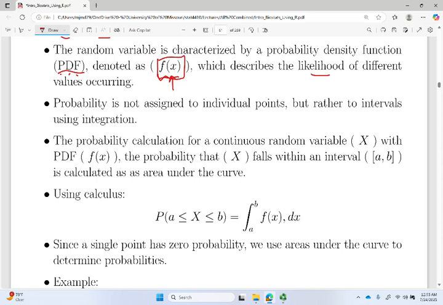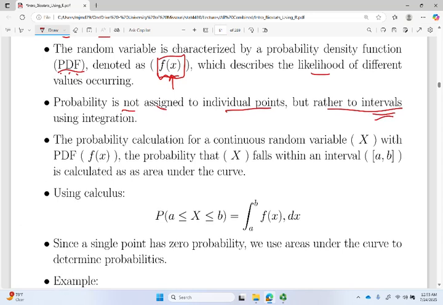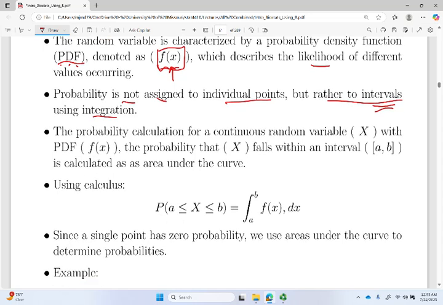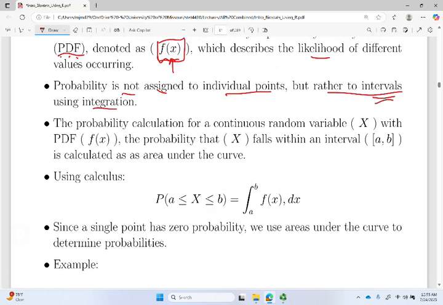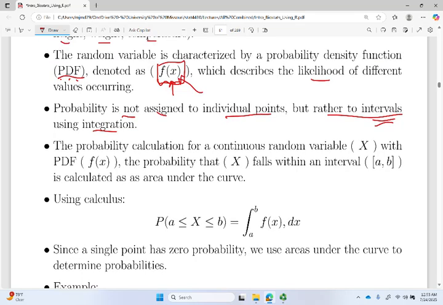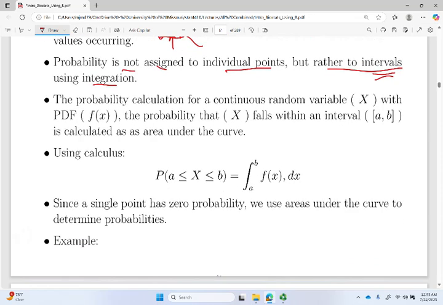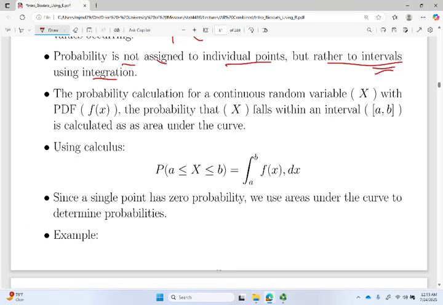To find probability, notice it's not assigned to individual points, but rather to intervals. In calculus, we use a technique called integration to find these probabilities. So probability is the area under a curve. The PDF of a continuous random variable creates a curve, and the area under that curve is probability. We'll see that in some examples.